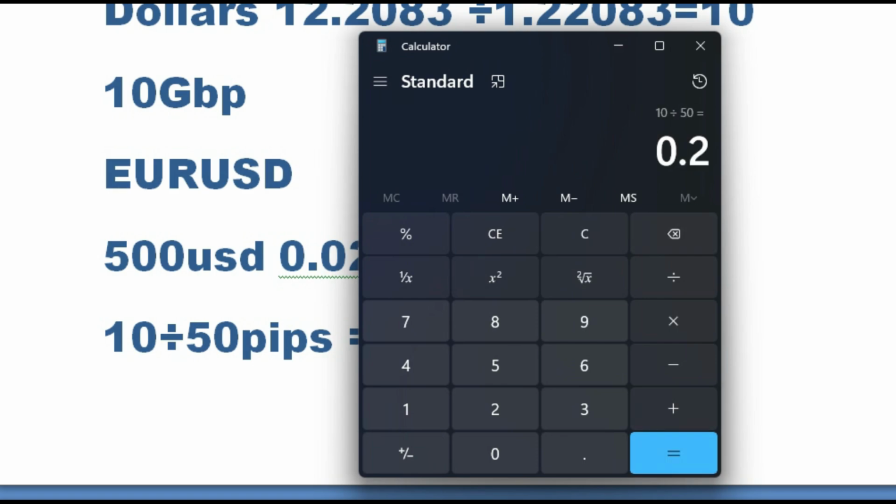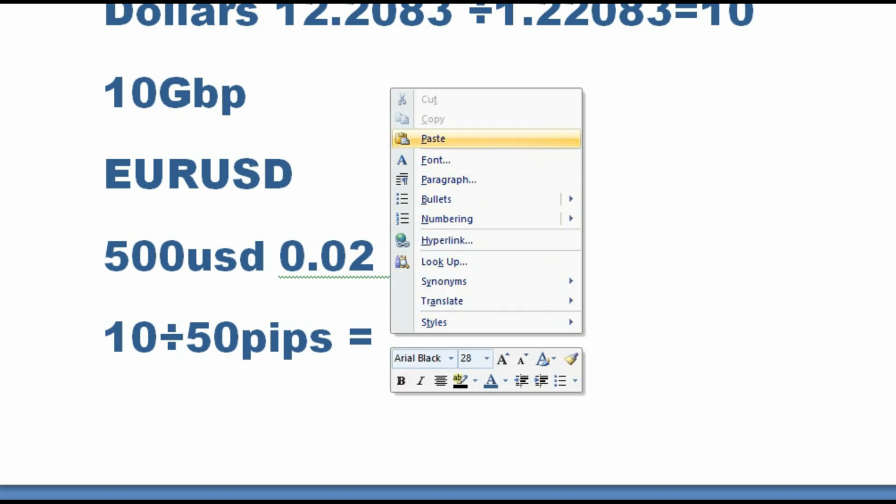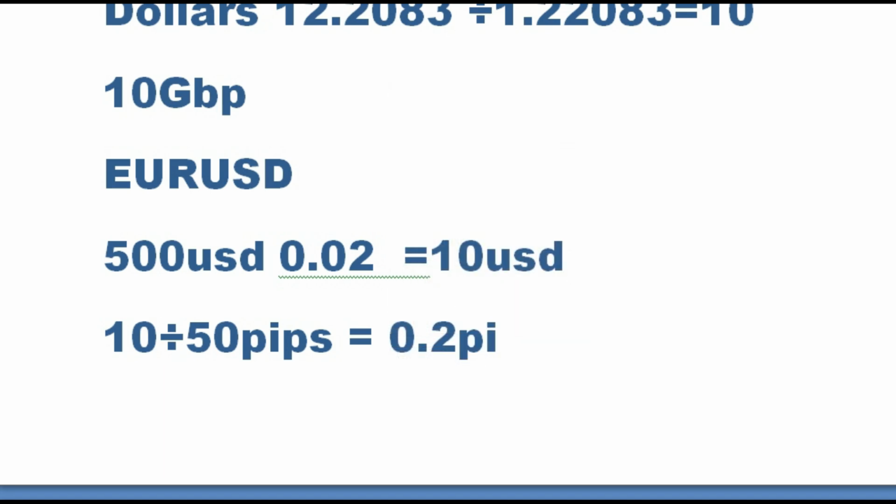We get the amount at risk divided by the pips, which is 50. The value we have is 0.2. 0.2 is the pip value.